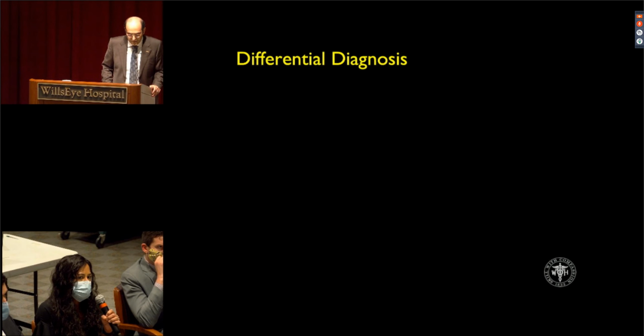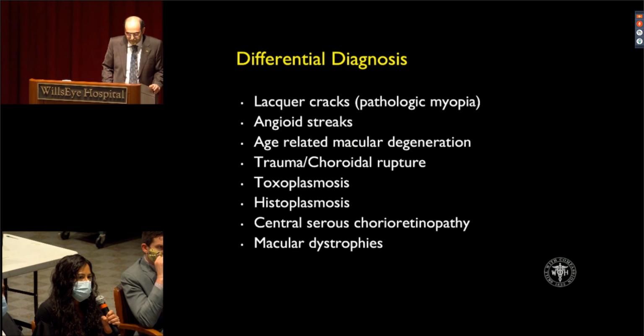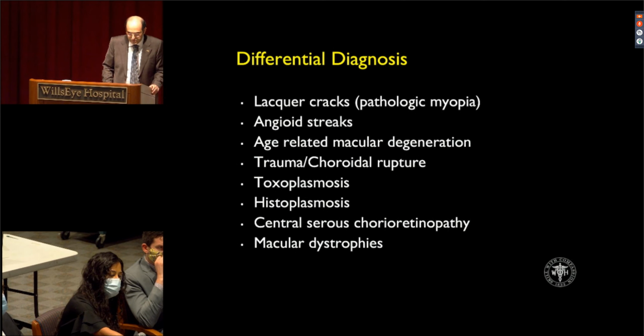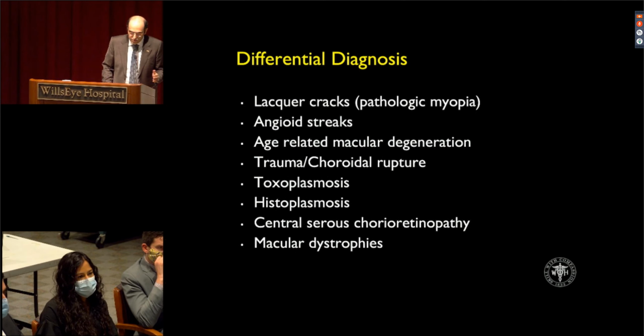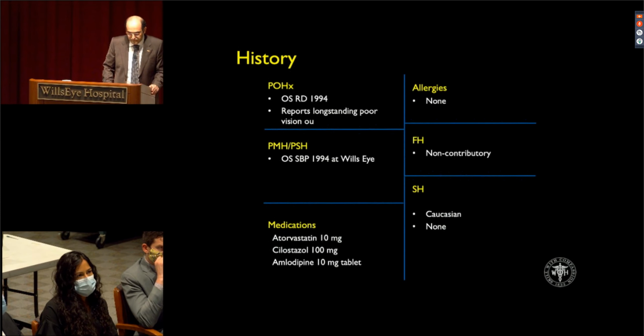You almost got most of the things that we were thinking of. Lacquer cracks, angioid streaks, AMD, trauma, choroidal rupture, toxoplasmosis, histoplasmosis, chronic CSR, and macular dystrophies. So I'll provide some more history.